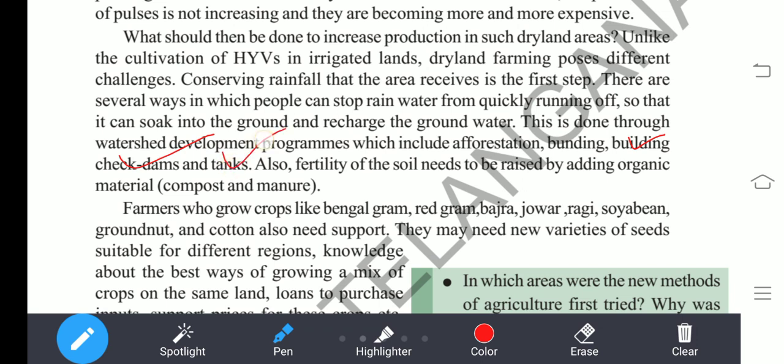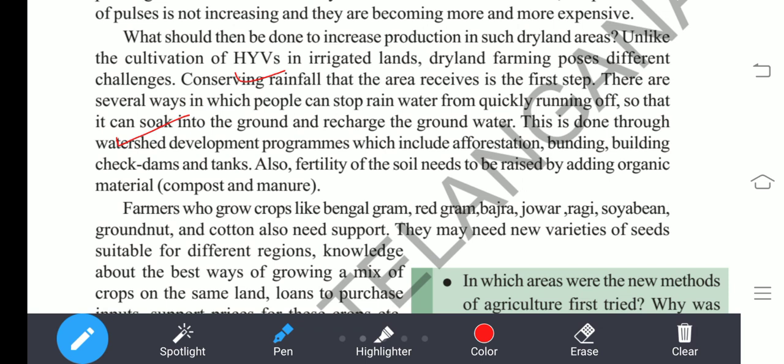Then another is tanks, చెరువులు. Tanks are also constructed to increase the groundwater level. So these are the programs carried out under the watershed development program for conserving the rainfall.